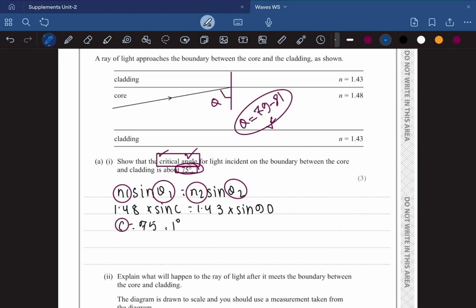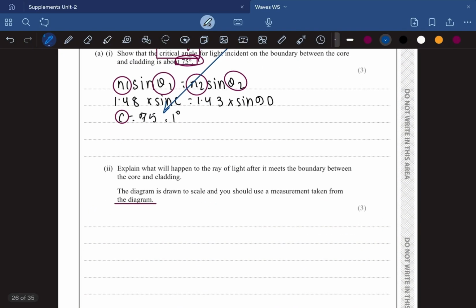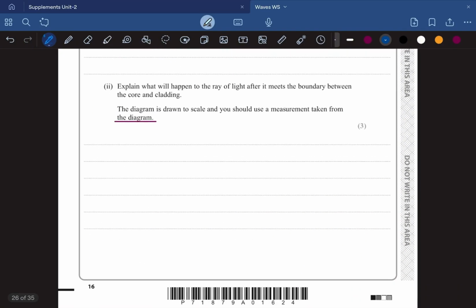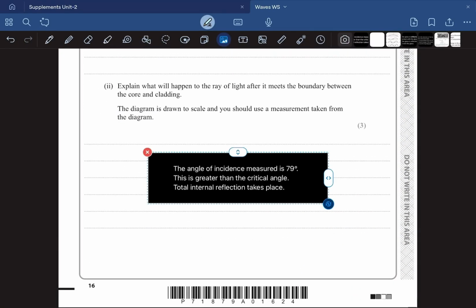As this value is greater than the critical angle, there will be total internal reflection. So our answer is: the angle of incidence is measured as 79 degrees, which is greater than our critical angle, so total internal reflection will take place.